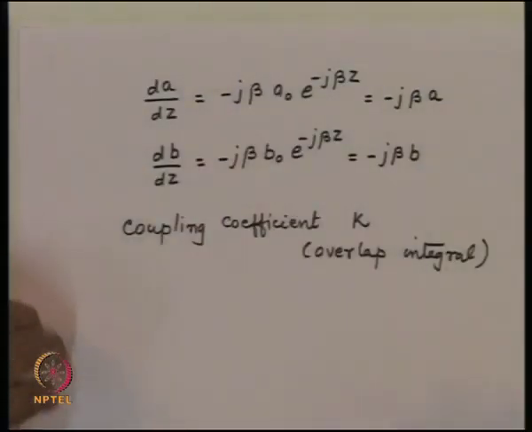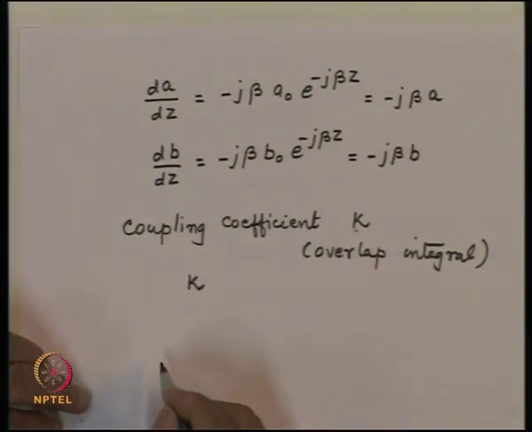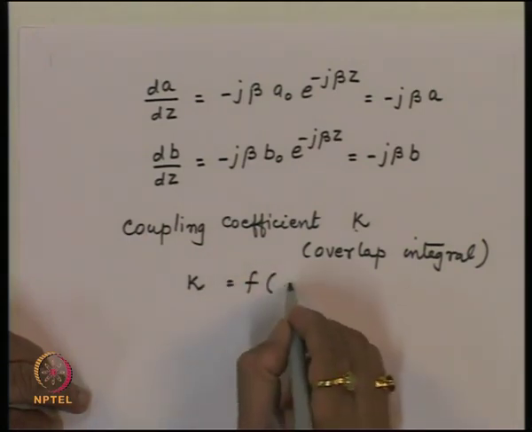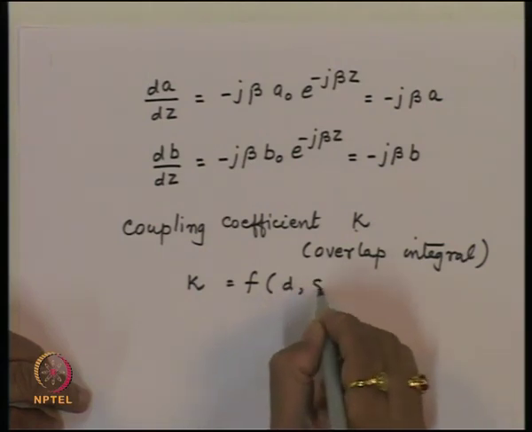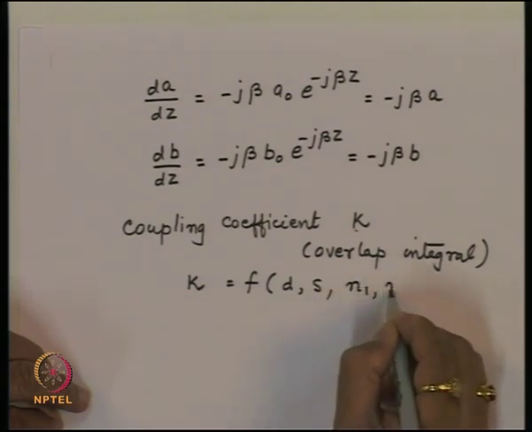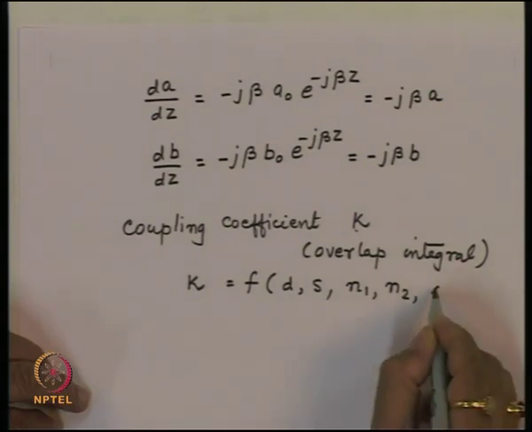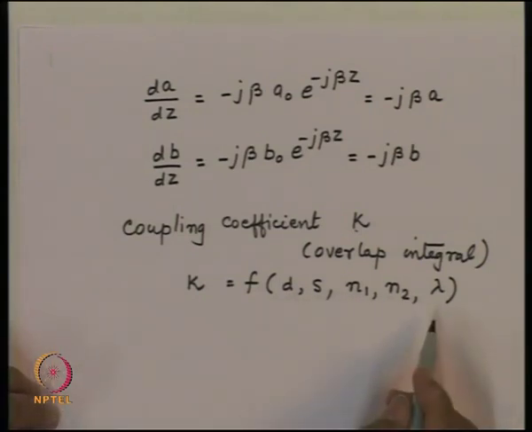So in general, this quantity, the coupling coefficient k, is a function of many parameters: the separation between the two waveguides, the size of the waveguide, the refractive index of the waveguide and the surrounding medium, and the wavelength of operation. And by changing any of these parameters, the coupling coefficient can be changed.